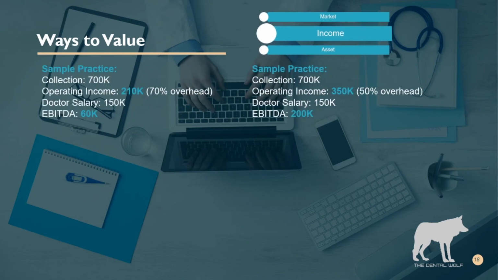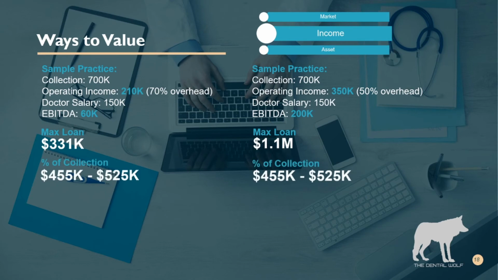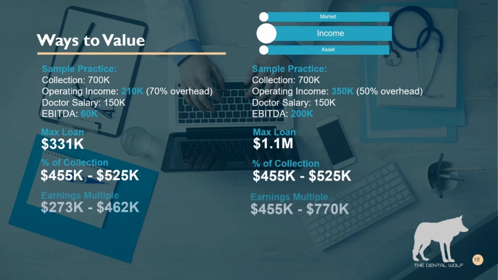So now we're going to take our 2 sample practices and let's run through the numbers and see how they compare. Using our max loan approach, the most you should pay for practice number 1 is $331,000. And the most you should pay for practice number 2 is $1.1 million. Using our percent of collection approach, they're both going to be the same on paper because they both have the same amount of collections.